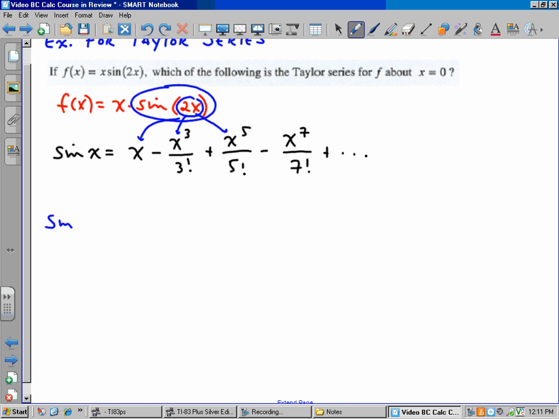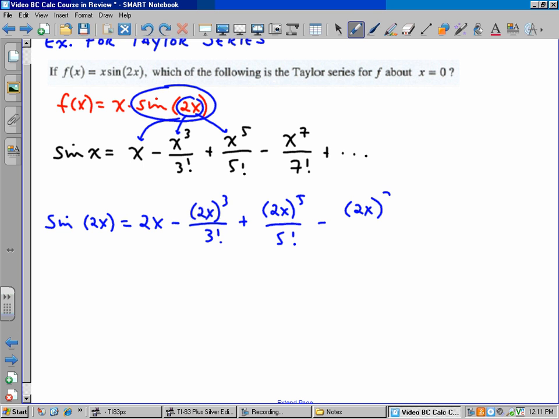So the Maclaurin for the sine of 2x is 2x minus (2x) to the third over 3 factorial plus (2x) to the fifth over 5 factorial minus (2x) to the seventh over 7 factorial, and so on.